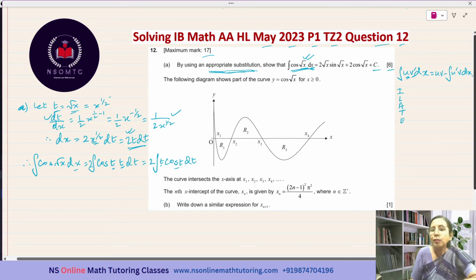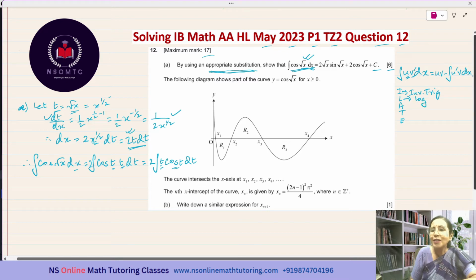Okay? So over here we are having t and cos t. I stands for inverse trigonometric functions. You know this, but in case you are confused, you should not be, but let me write it.